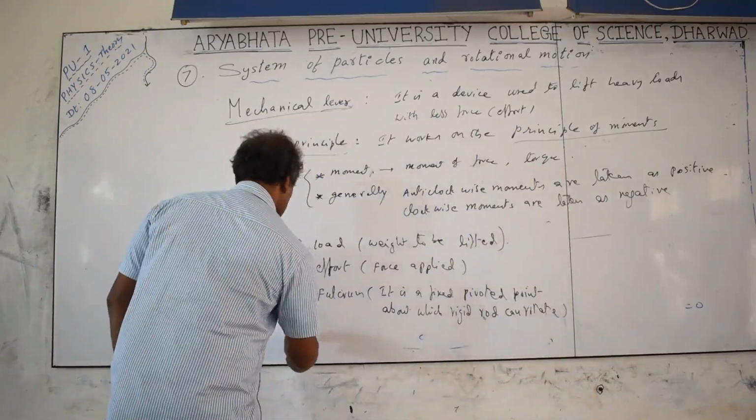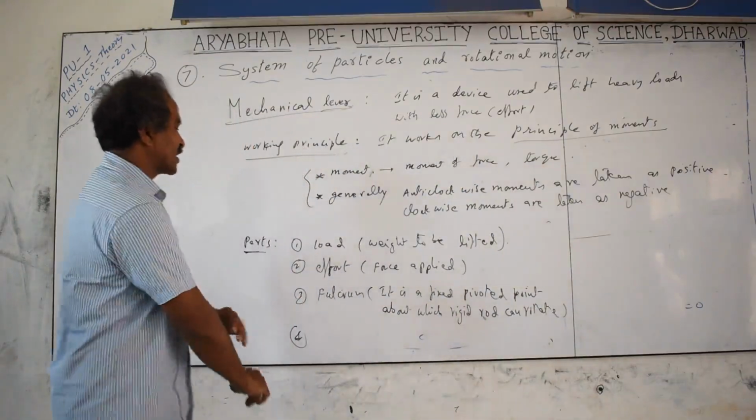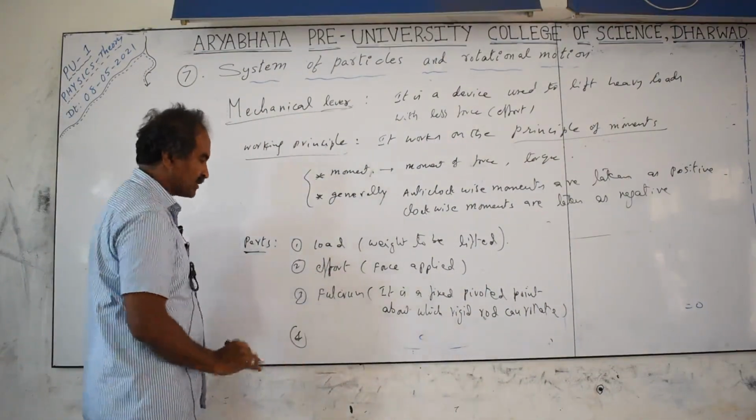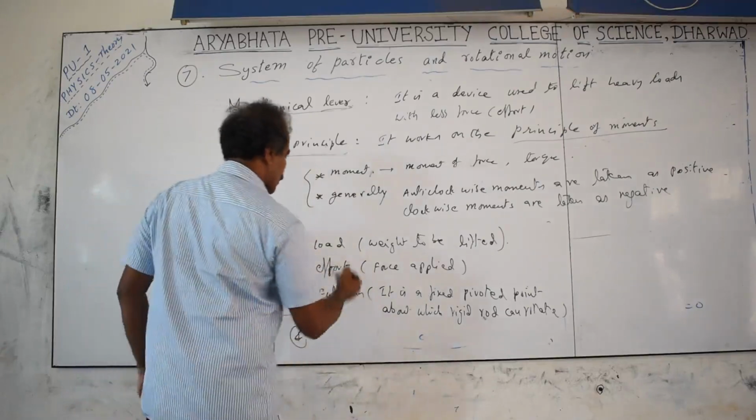Actually, there are three points only. If they ask what the parts of the mechanical lever are, you mention load, effort, and fulcrum. Only these 3 you can mention, but we are going to apply these things now.